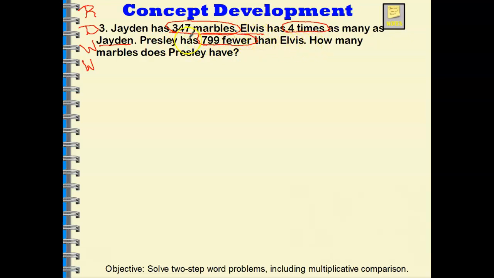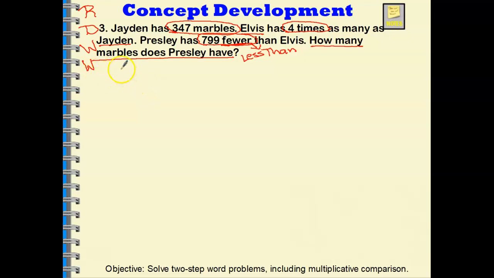So who has more, Elvis or Presley? I hope you said Elvis has more and Presley has less, because fewer, guys, is always going to mean less than. Anytime you see the word fewer, it means there is less than of something. So how many marbles does Presley have? This is the big question. This is what I'm trying to find out.